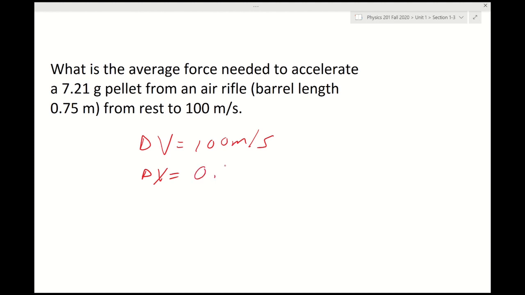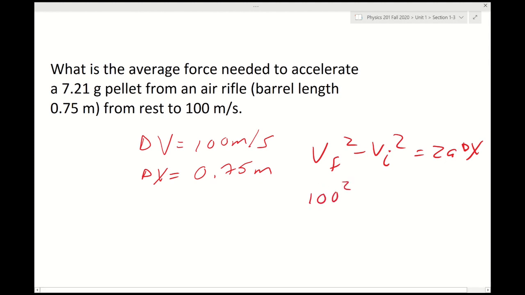So what is our acceleration? How are we going to find our acceleration? We don't know our time. But we do know that it ended up at 100 meters per second. It started at rest. We don't know our acceleration, but we know it happened in 3/4 of a meter.